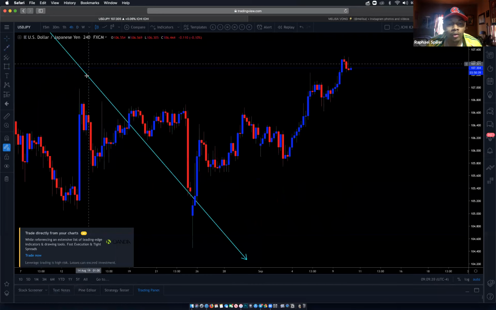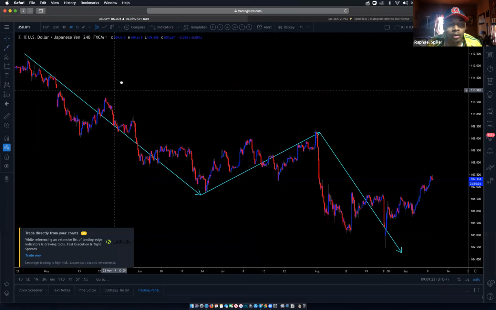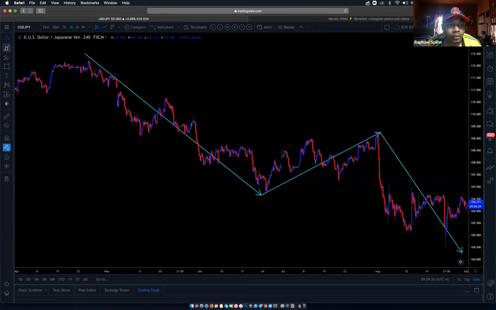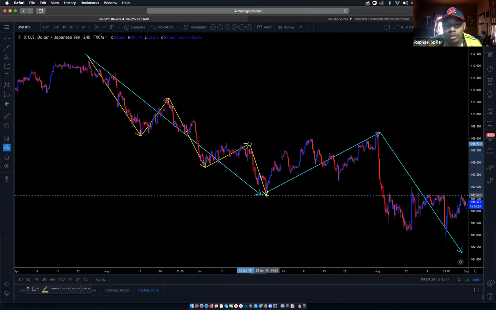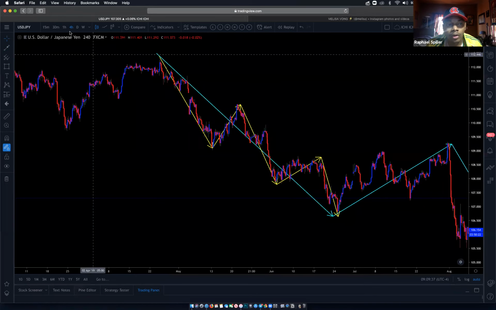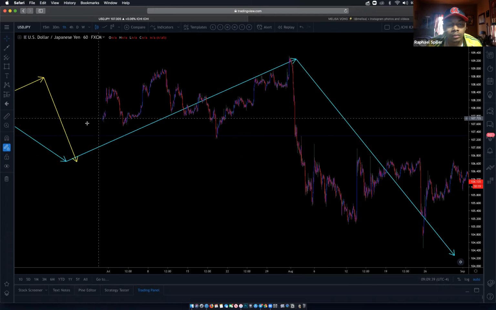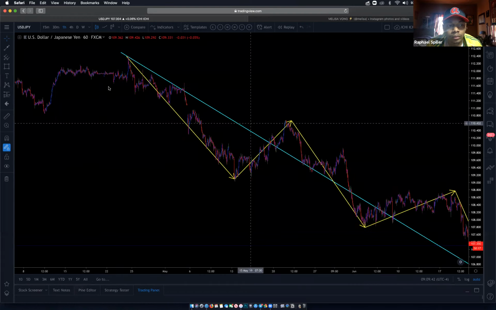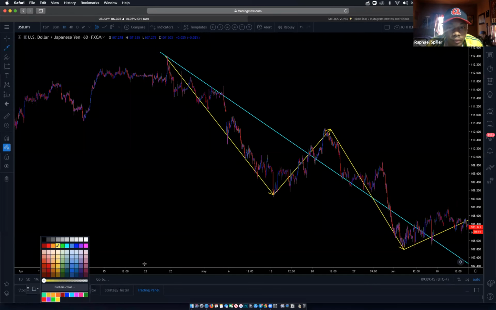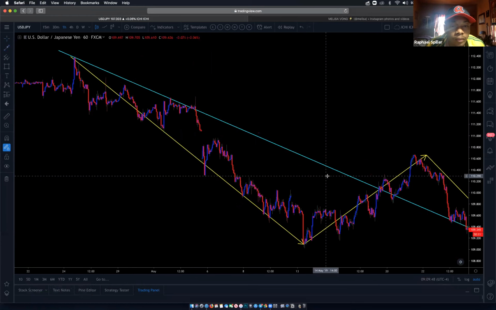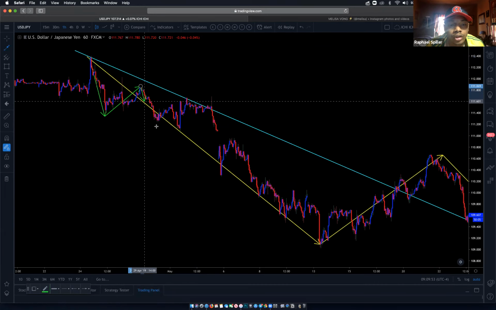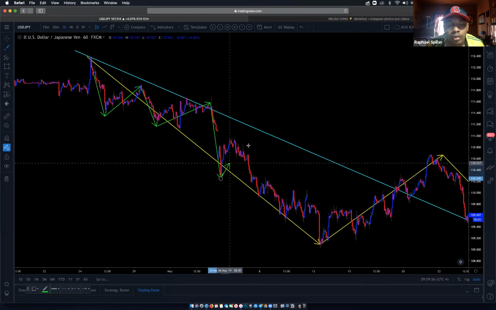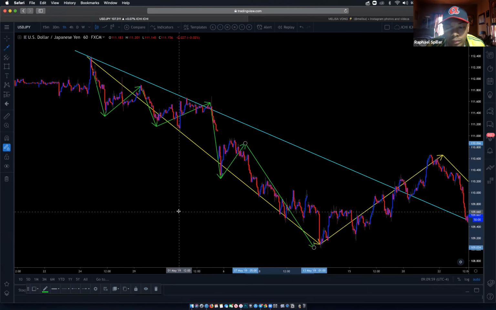Then we're going to go on a 4 hour, right? And on the 4 hour, this would be a 4 hour impulse, correction, continuation, correction, continuation, right? Then on the 1 hour, you have impulse, correction, continuation, correction, continuation, correction, continuation, right?